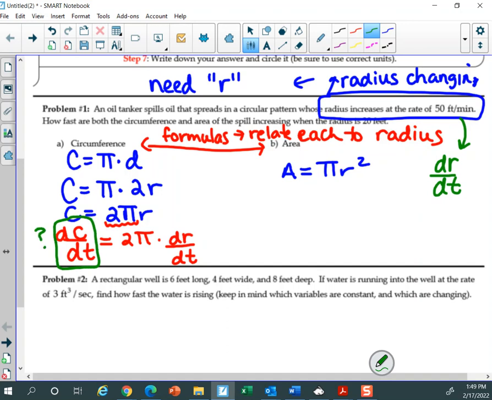How is the circumference changing? It looks like it doesn't matter what the specific radius is. The only thing I need is 2 times pi times the dr/dt number. And so I'm thinking that my radius changing at a rate of 50 feet per minute is going to have my circumference changing at a rate of 100 pi feet per minute.